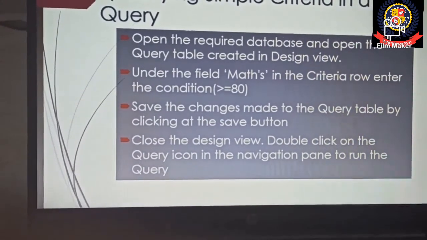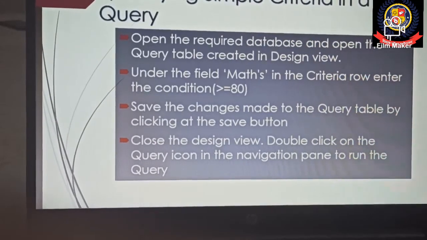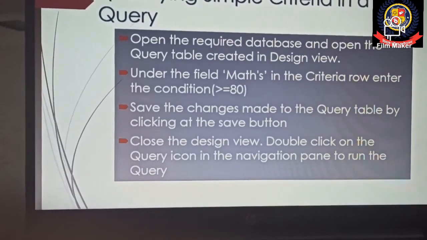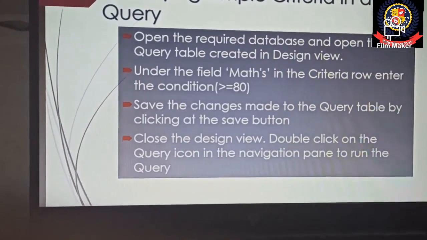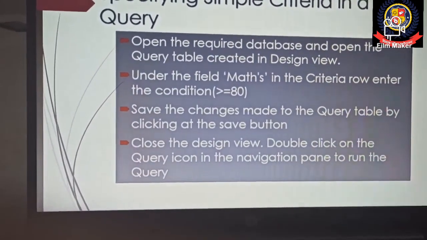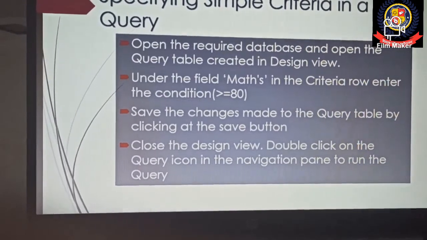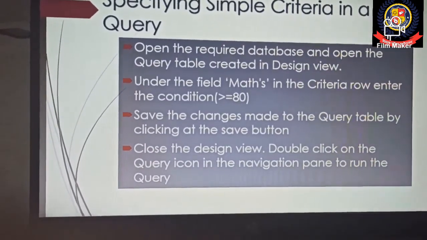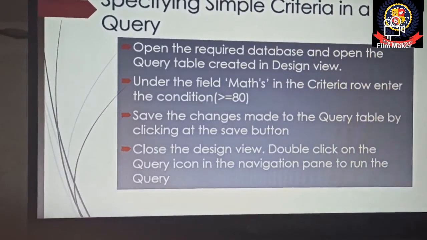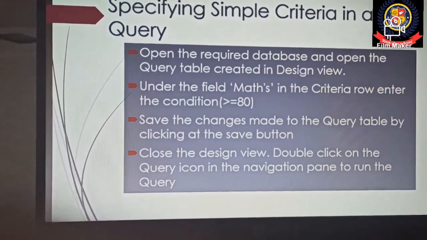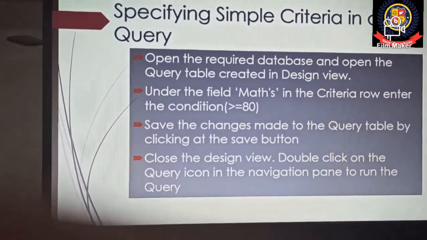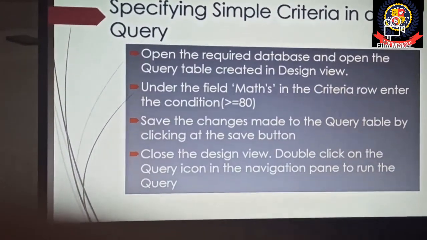Then close the design view, and then in the query icon in the navigation pane, if you put any number less than 80, it will generate an error in the Maths field. Why? Because I have already set the criteria, whatever marks I enter in the Maths field should be greater than or equal to 80. Clear? So this is the meaning of specifying simple criteria in a query.